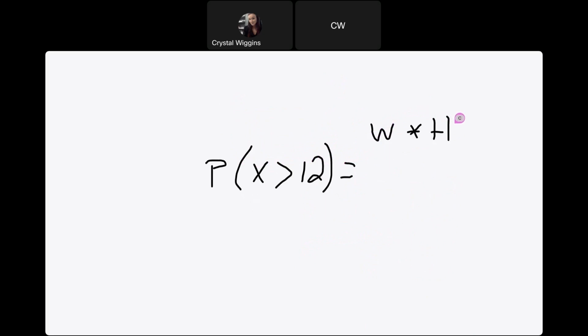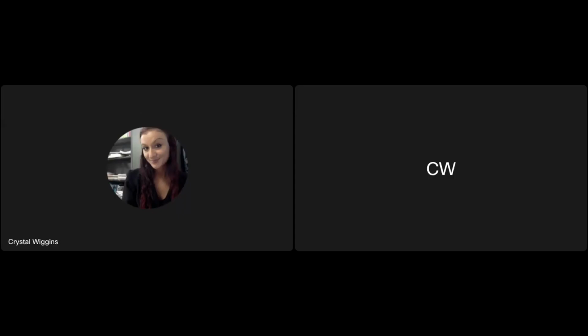And so that is going to be our width was 1, and we're going to multiply that by our height, which I believe was 1/9. And that gives us 1/9 as our probability. All right, let me stop sharing this whiteboard and head back to our Rguroo so I can show you how to do the same problem using our Rguroo.